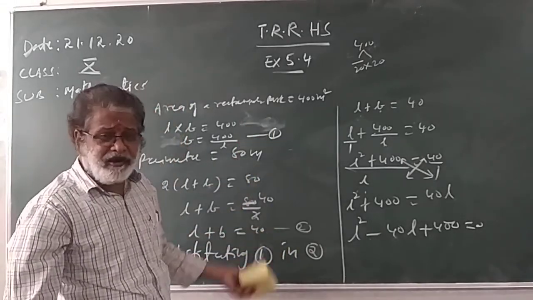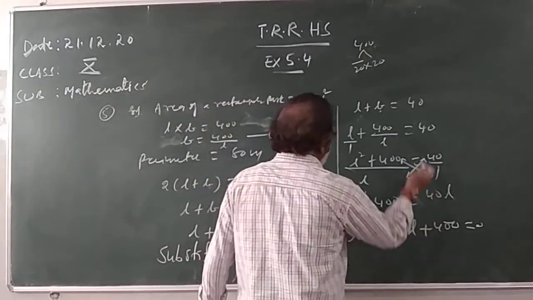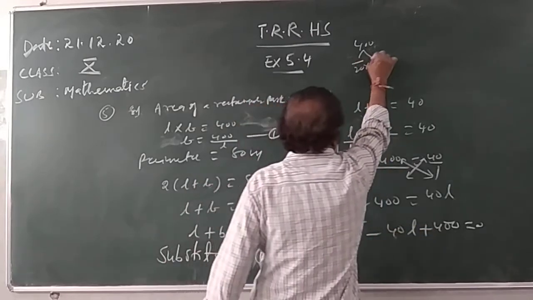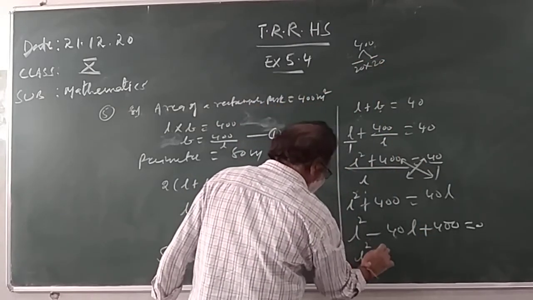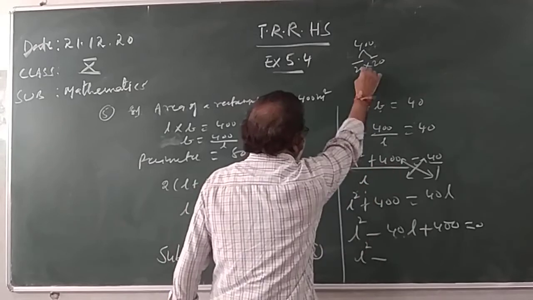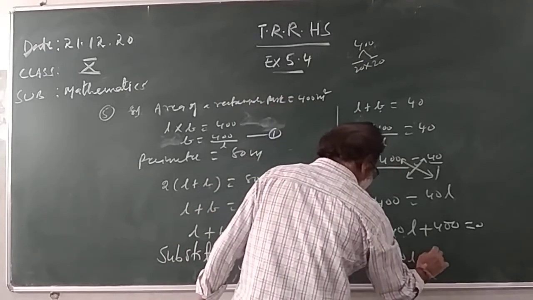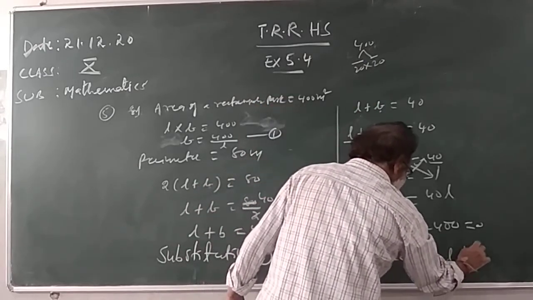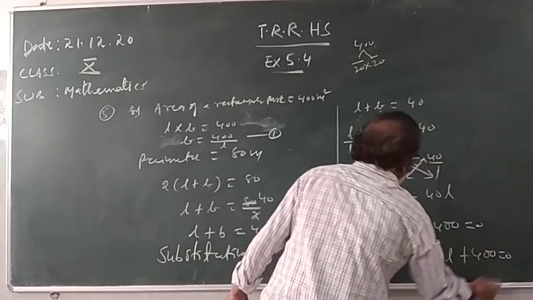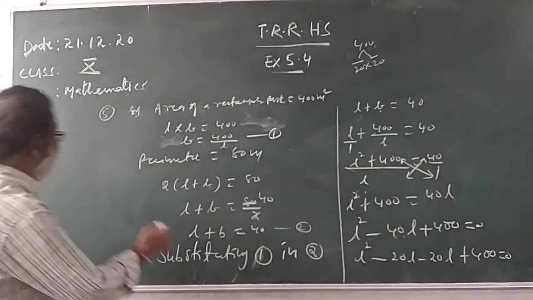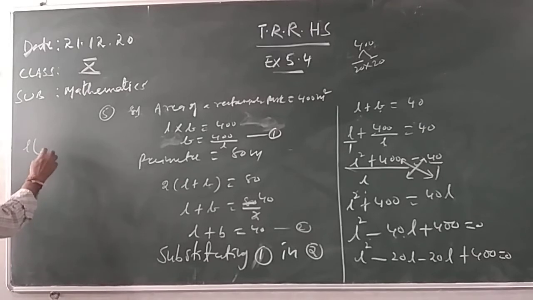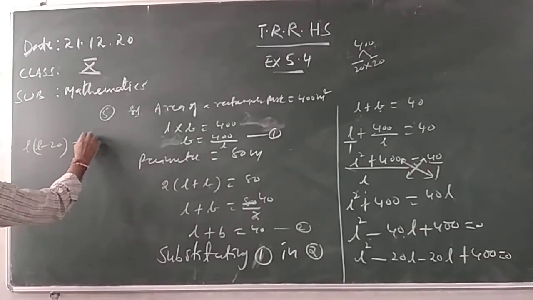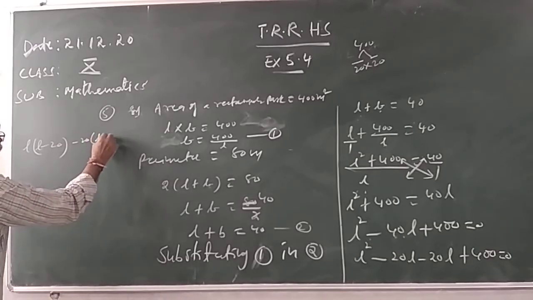The constant is plus, so the same sign is given. So L square minus 20L minus 20L plus 400 equal to 0. Factorize: L common, L minus 20, minus 20 common, L minus 20.